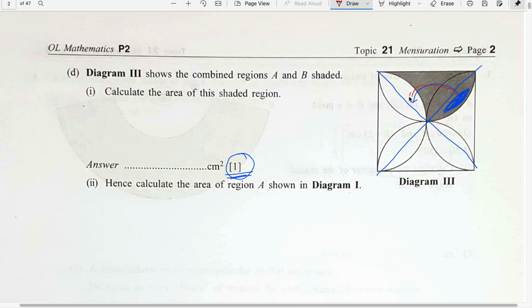So if it fits right there, may I say I have this as a triangle which is 10 and the height is 5. So 1 by 2 into base into height is 25. That's it.